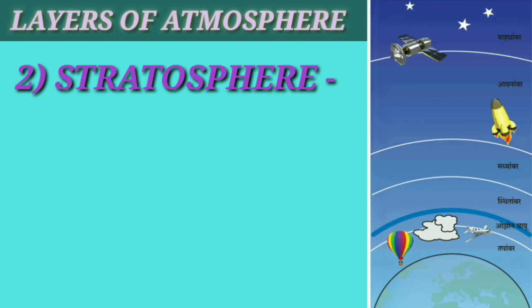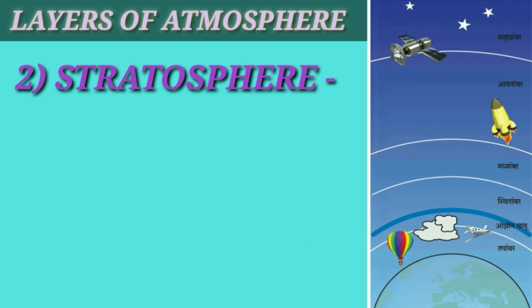In the lower part of stratosphere, there is a layer of ozone gas from 16 to 23 km. This layer of ozone gas in stratosphere is called as ozonosphere.